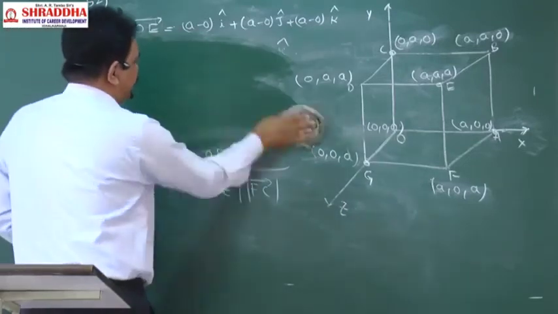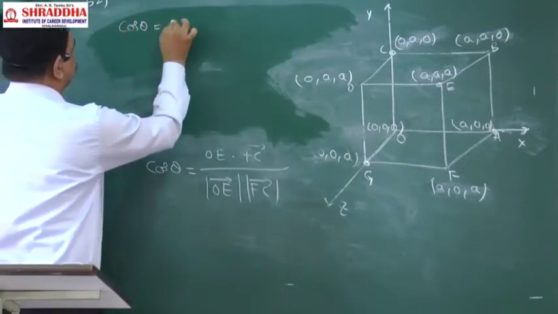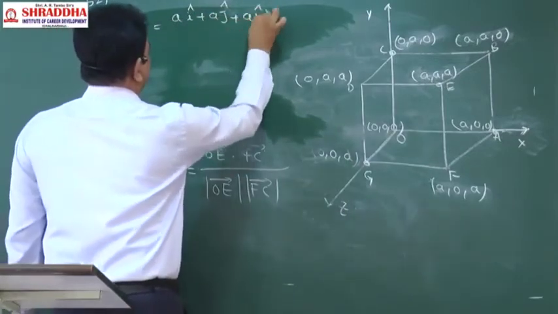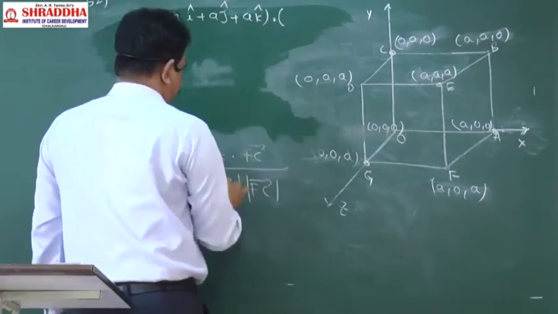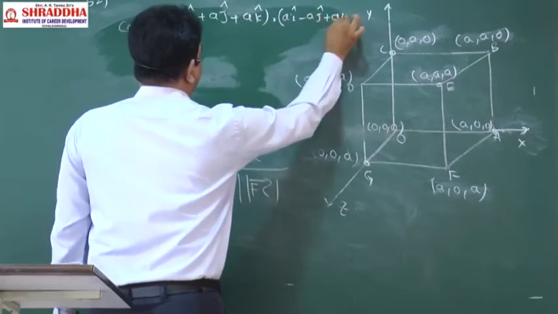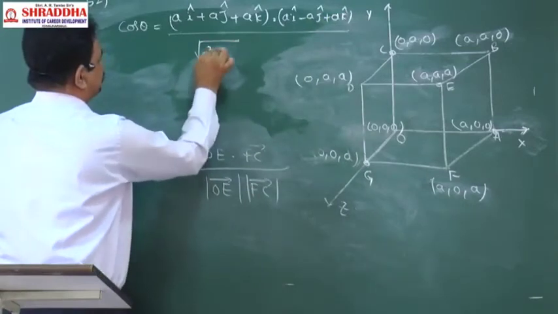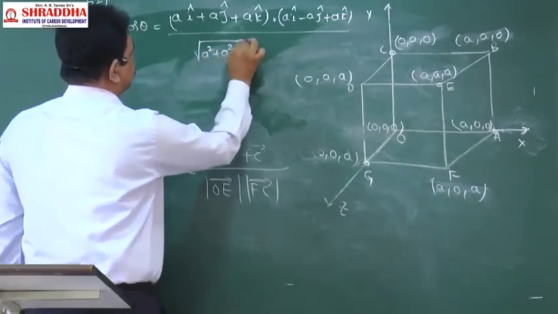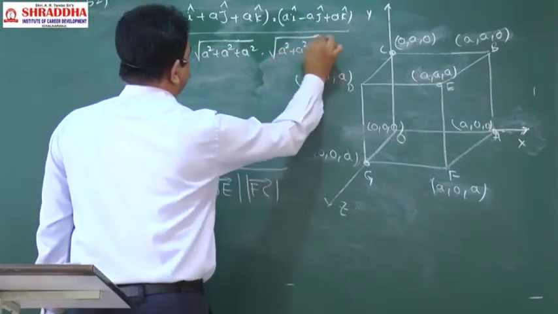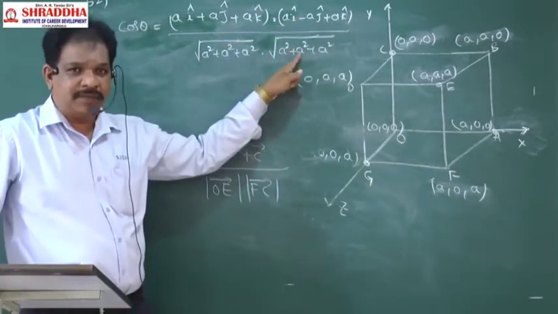So cos theta is equal to (a i cap plus a j cap plus a k cap) dot (a i cap minus a j cap plus a k cap) divided by root of a square plus a square plus a square. Its magnitude is also root of a square plus a square plus a square. Of course minus a whole square is also a square.